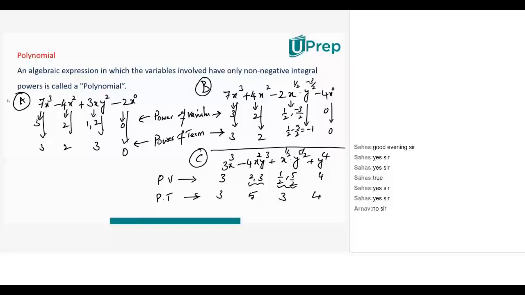Which? Power of the variable or power of the term? Because both are having negative. The term. Power of the term is coming negative. Now my question is important. C. Is C a polynomial? Sir, C is a polynomial, because, sir, no negative power is coming.